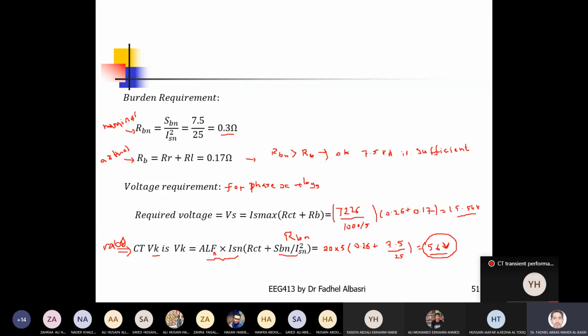So everything is rated. So this is what I should not exceed. This is my limit in voltage. Now, this is the actual. Here also, this is the burden limit rated, and this is the actual.